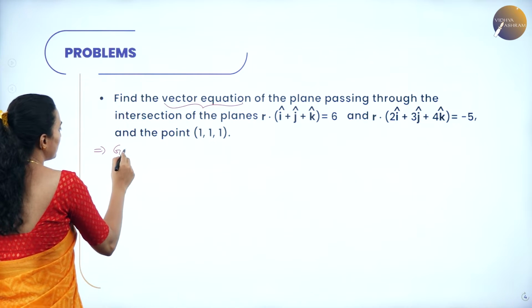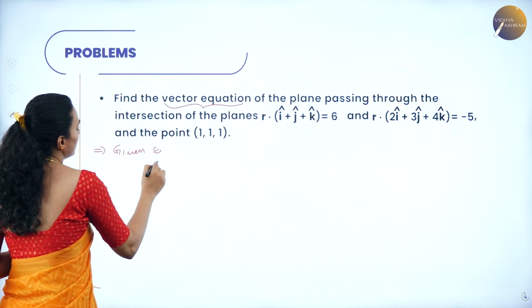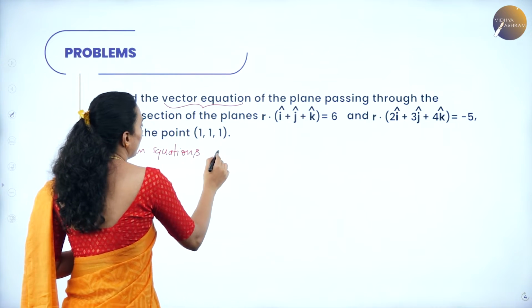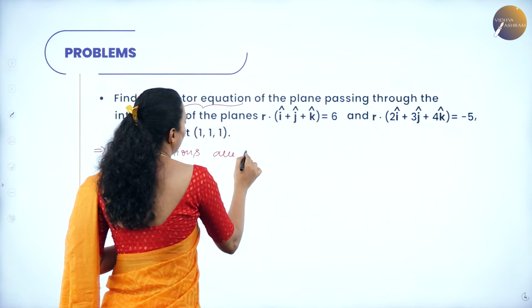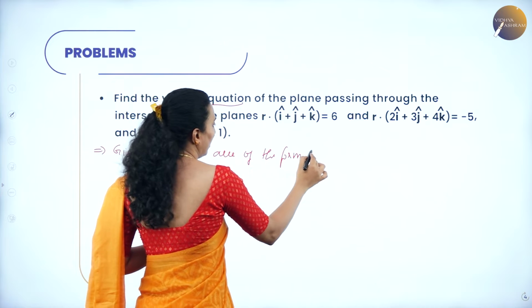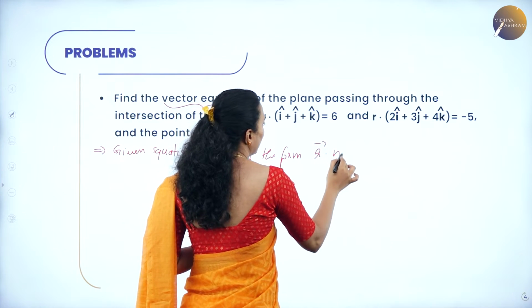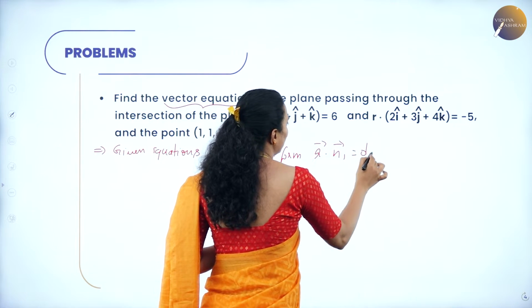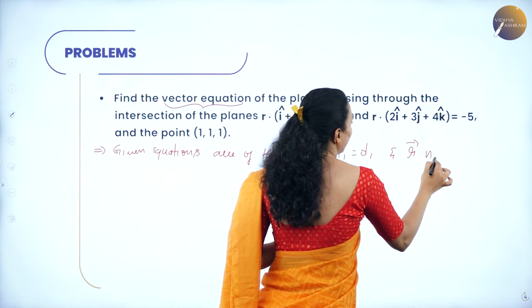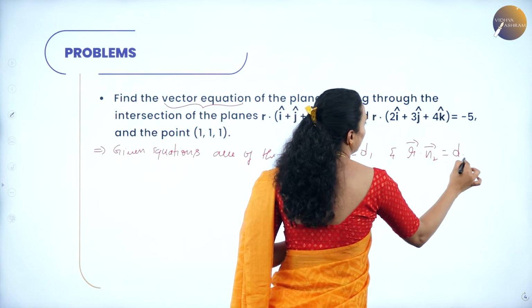So the given equations are of the form r vector dot n1 vector is equal to d1 and r vector dot n2 vector is equal to d2.